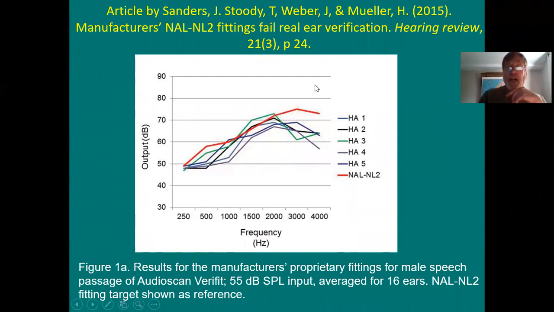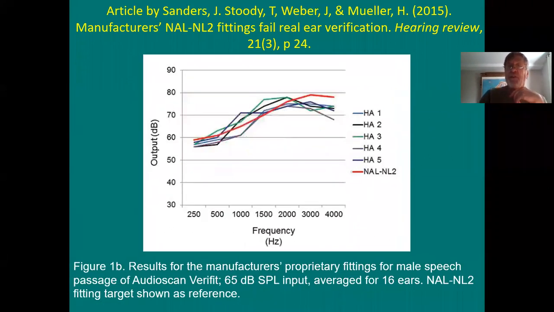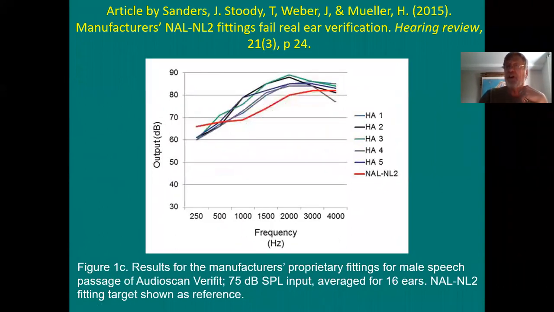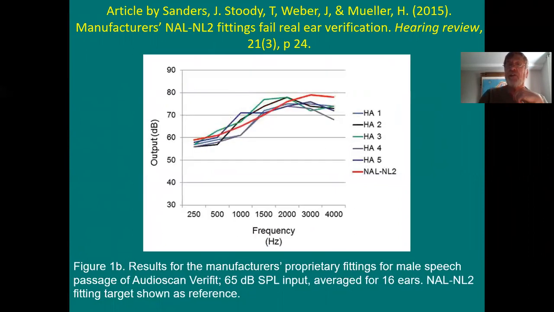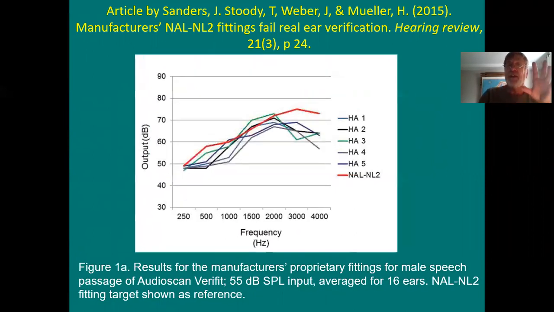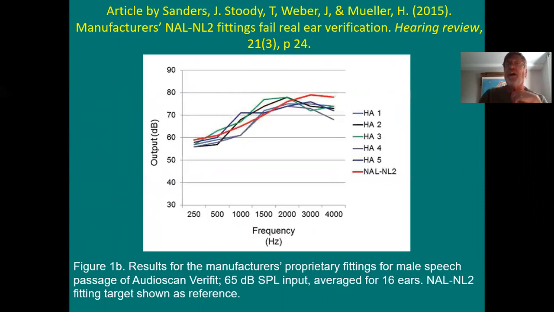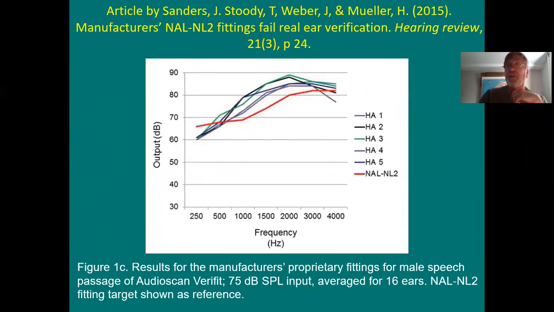Okay, proprietary fitting methods for soft inputs of 55, proprietary fitting method targets for 65 dB SPL inputs, proprietary fitting method targets for loud inputs of 75. And look at how they all differ from the red line of NAL2. Okay, 55, 65, 75. Note the trends. Very important to carry this in your back pocket.